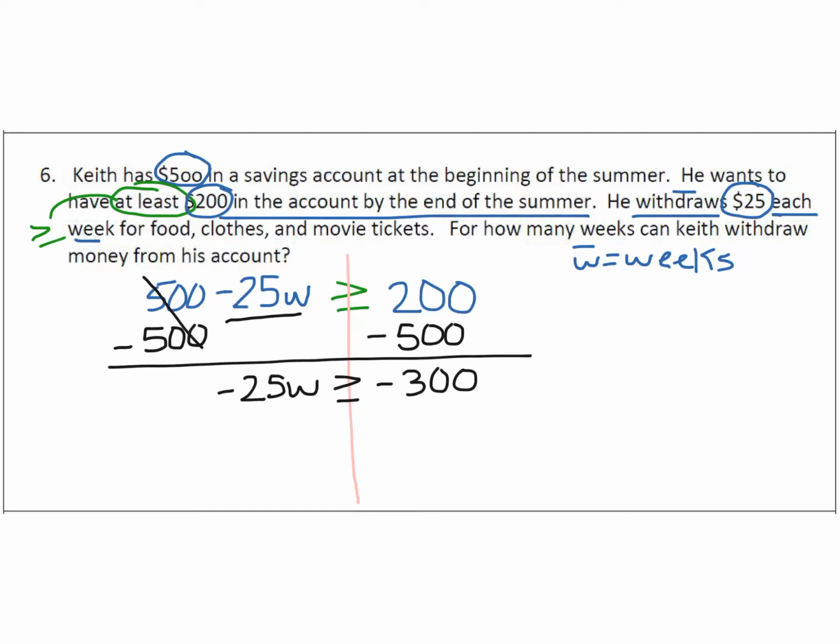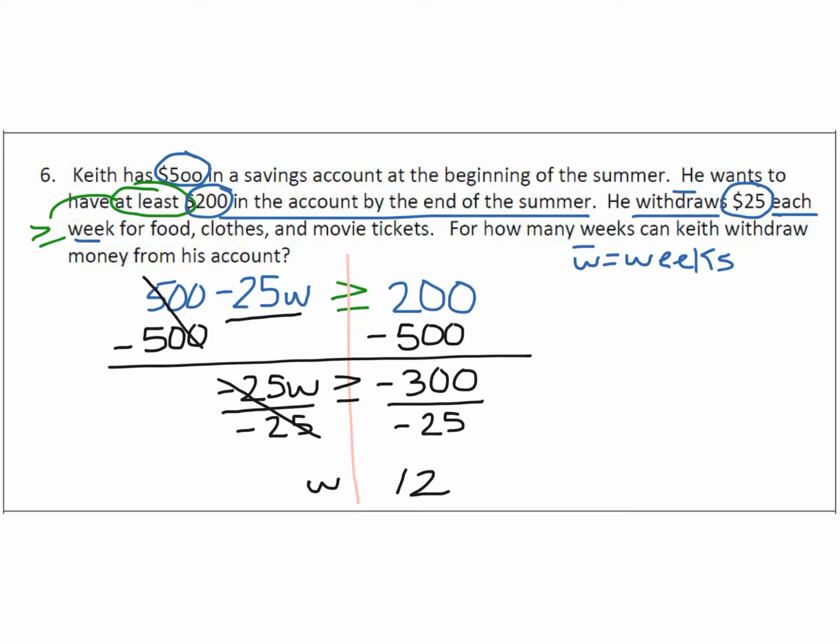My next step is to divide by the coefficient of the variable term. So negative 25, negative 25. These will cancel out. Bring down your W. And if you think about how many quarters are there in $3, 300 divided by 25 is going to be 12.